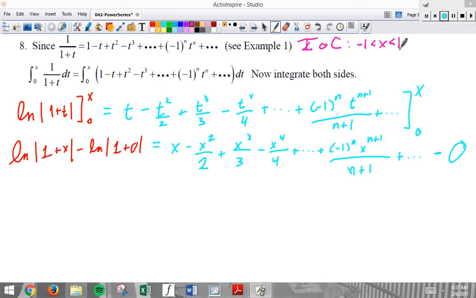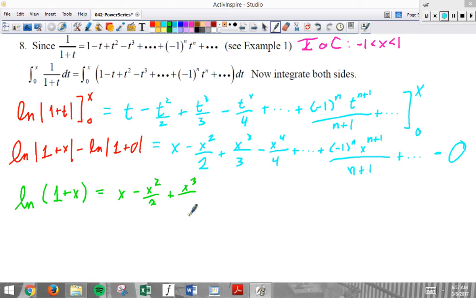If x is strictly less than 1, it's always positive. The inside's always positive. So I get rid of the absolute value because the inside is always positive. Natural log of 1 is 0. And now I have an elementary series for natural log of 1 plus x.